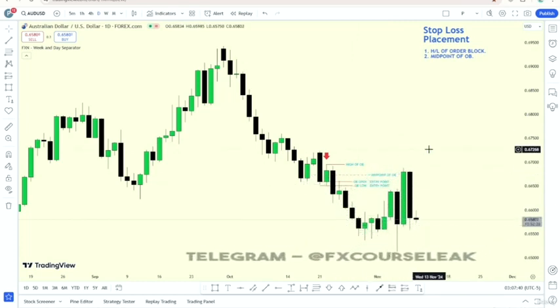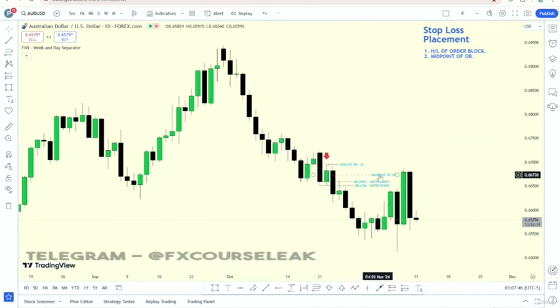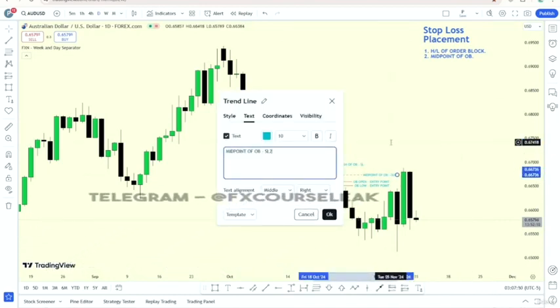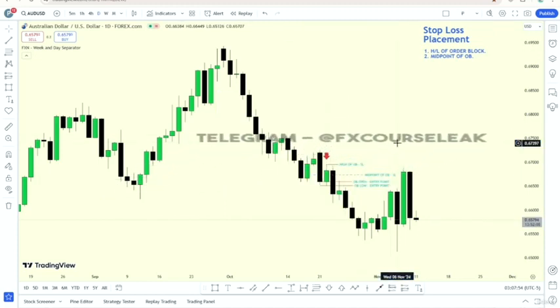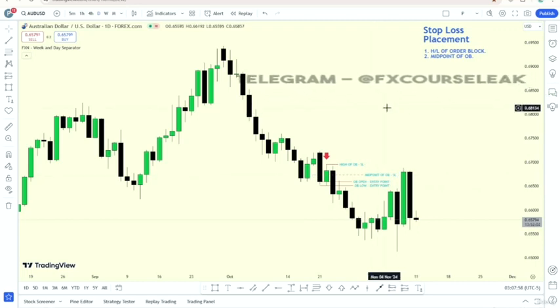Those are the areas that you can place your stop loss. So this is the stop loss. This is stop loss option 2. It's an area where you place your stop loss, but it's more aggressive. So this is a bearish example.